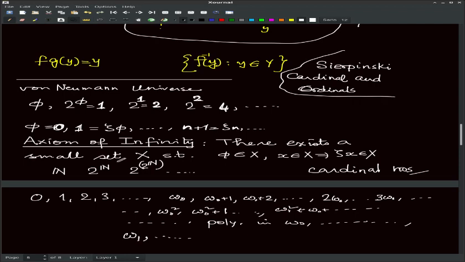So omega naught plus 1 is just you take a copy of omega naught and place another element. These ordered sets are often called well ordered sets, in which well ordered means every subset has a smallest element.